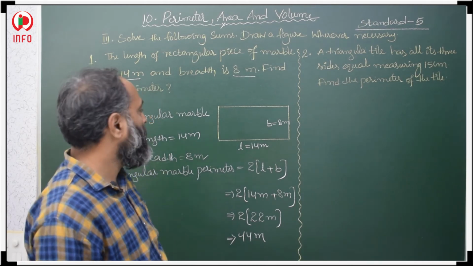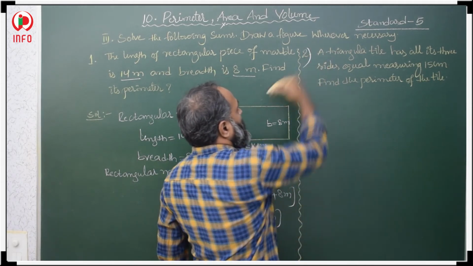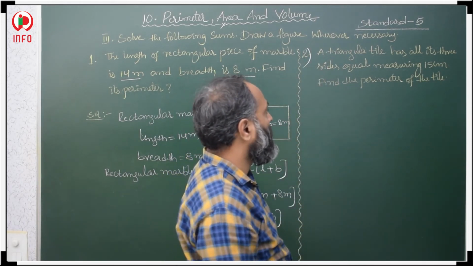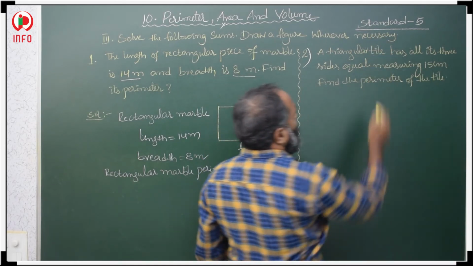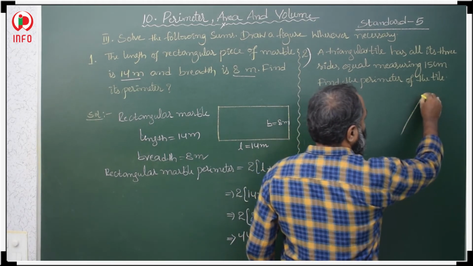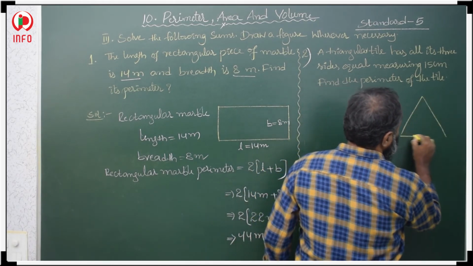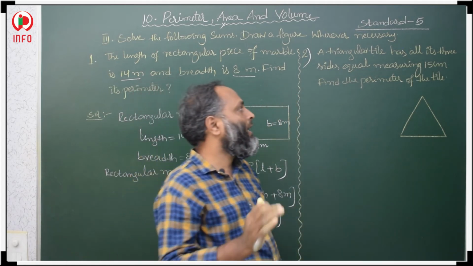Okay. Now here in the next, a triangular tile has 3 sides. So this tile is in the shape of a triangle. So it has 3 sides. How are the 3 sides? 3 sides measuring equal.